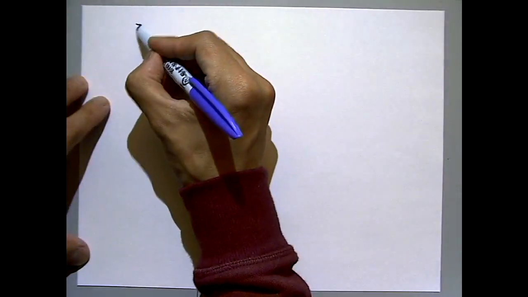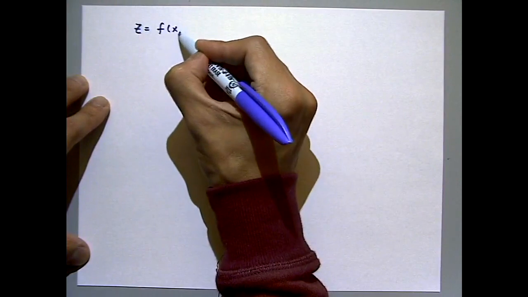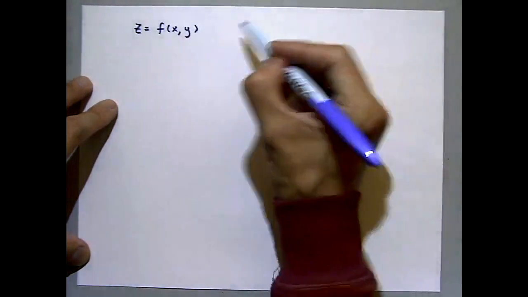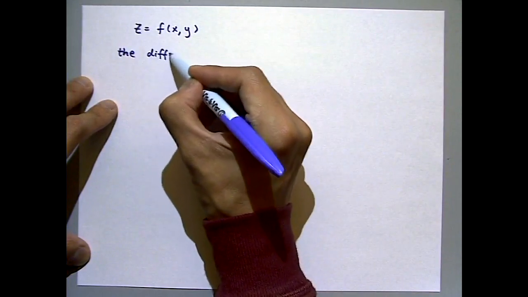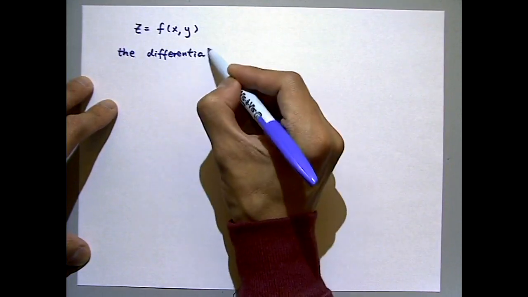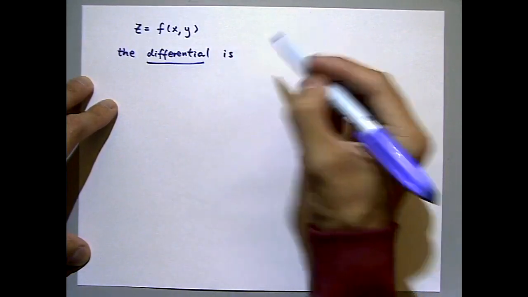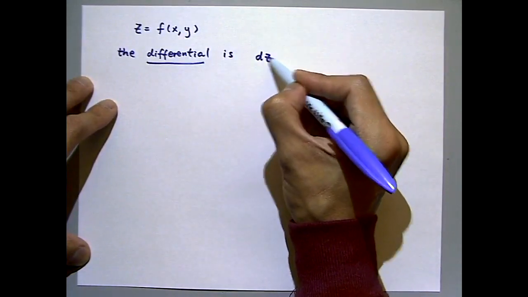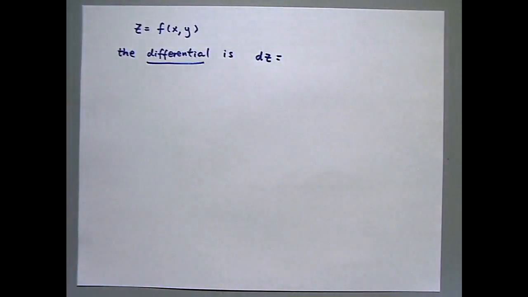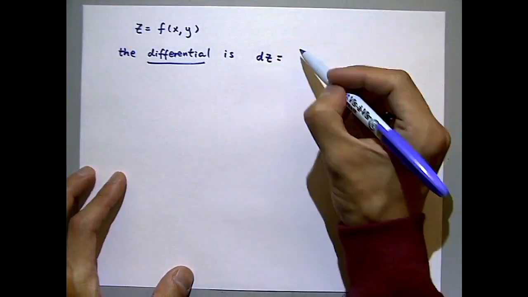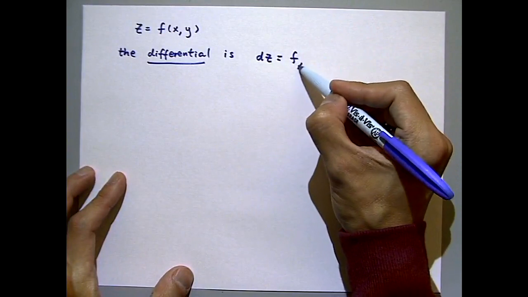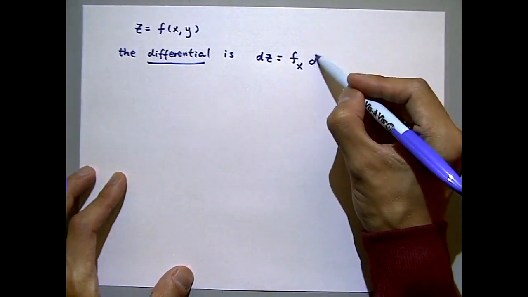Now, a couple names of stuff. z is f of x comma y. And you've seen this when you did Calc 1. The differential of the function z is defined as dz equal to partial derivative with respect to x times dx.